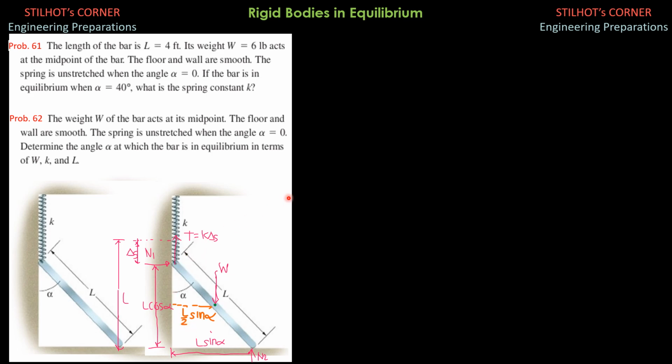So first, I have to sum up moments about point 1. For equilibrium or static equations, it may be in any order as long as you use those 3 equations of statics for 2D equilibrium. Summation forces horizontal equals 0, summation forces vertical equals 0, and summation of moment about a point is 0, because this is now in equilibrium.